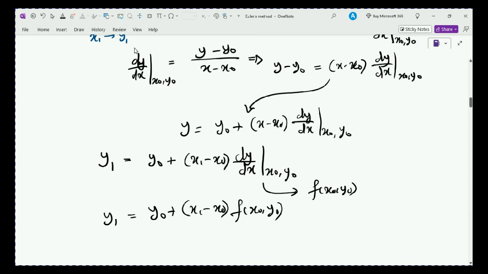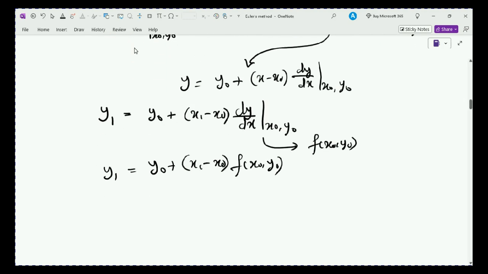Okay, so basically we have x0 y0 as the initial condition, or the initial value, and from this we have also found x1 y1, the solution to the differential equation at a neighboring point to the initial point.